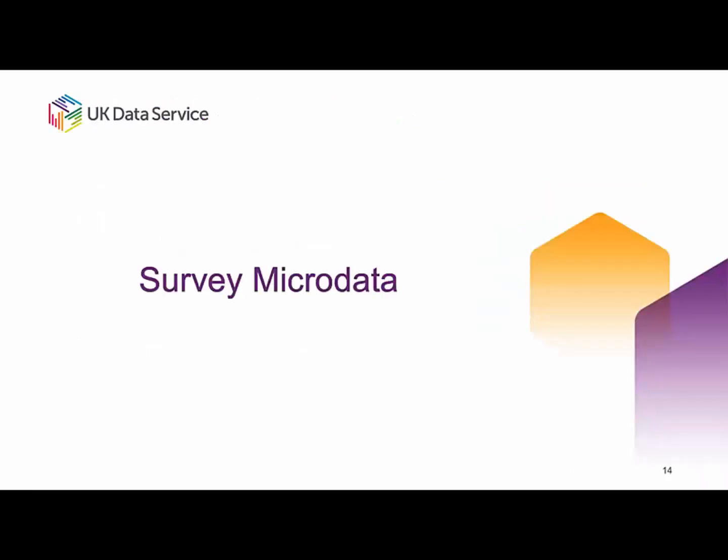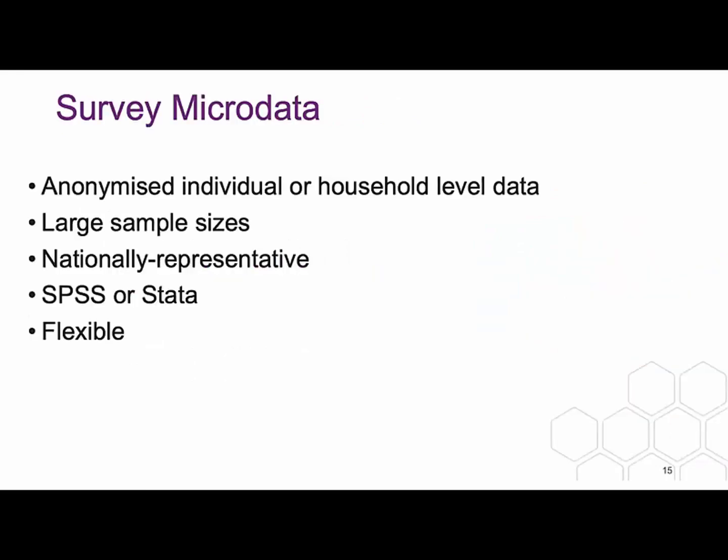So first we'll look at survey microdata. We do have a large amount of survey microdata, and we will look at some examples of those in a moment. But as I say, these are mostly individual or household level data, which has been anonymised to prevent disclosure. And obviously that means it's not possible to identify individuals from the data. So that usually means that microdata is available under our end user license.